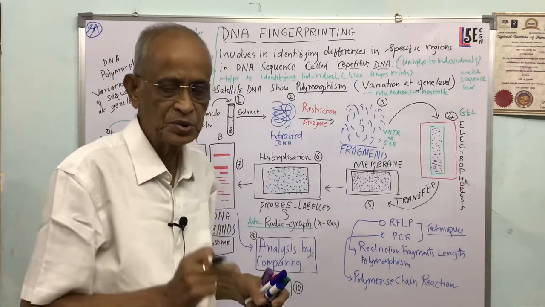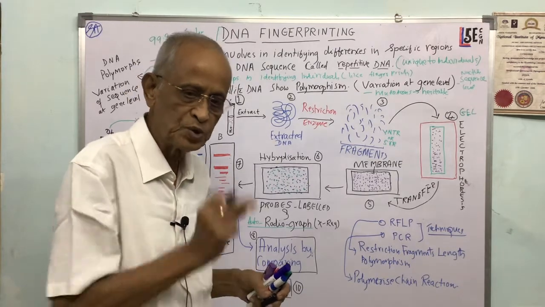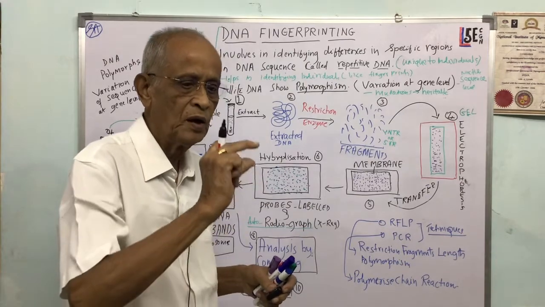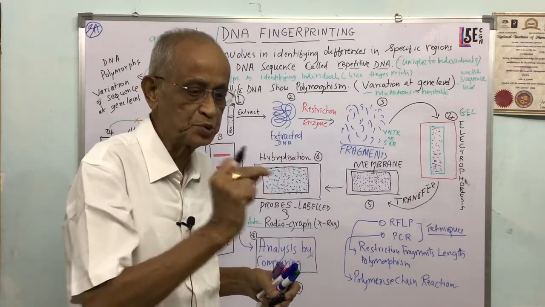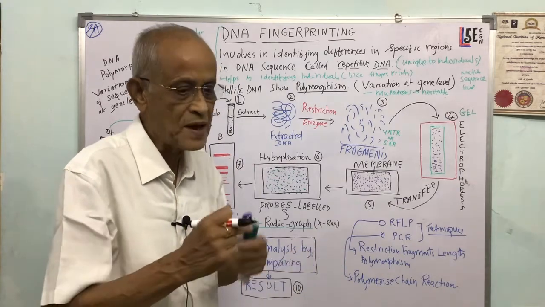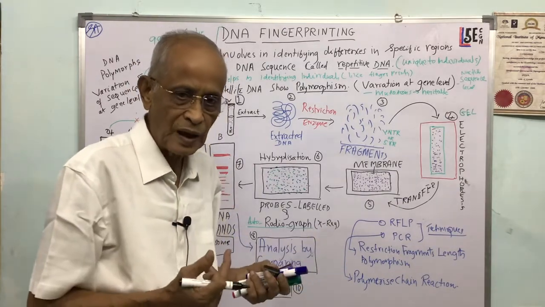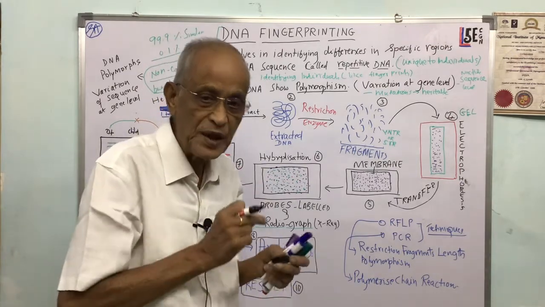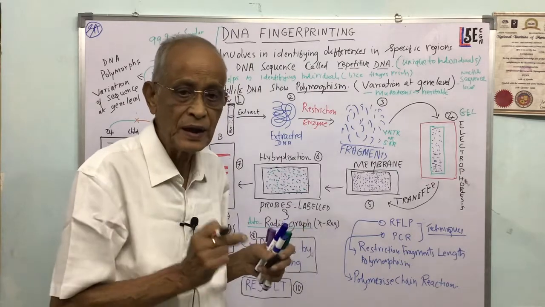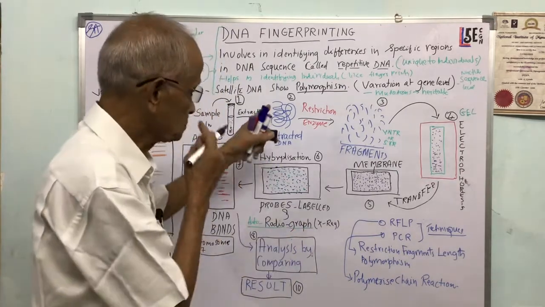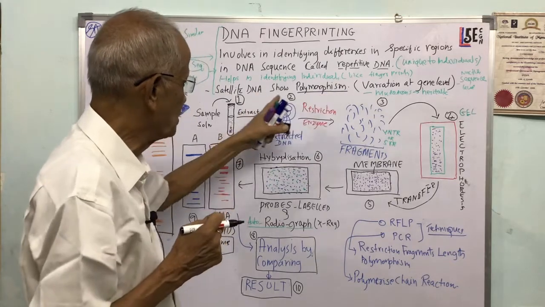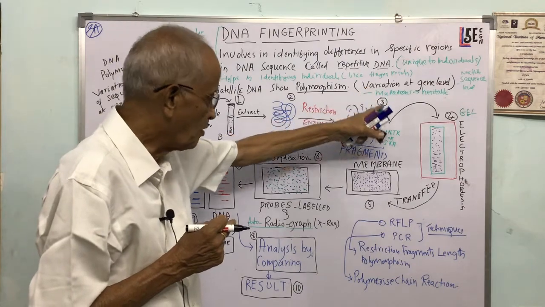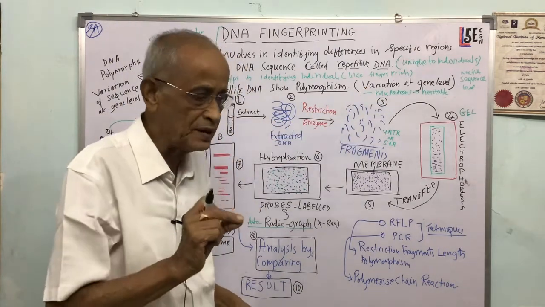Whatever mutations happen in those areas, maybe a single point base change due to many reactions in the human system, will be inherited, and that makes the variations, or what's called DNA polymorphism.